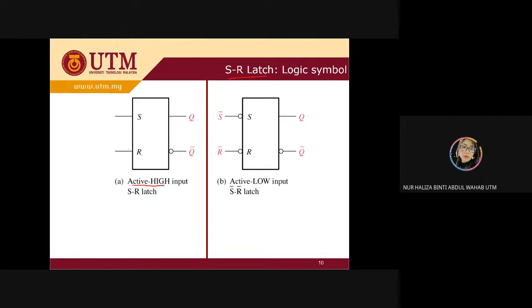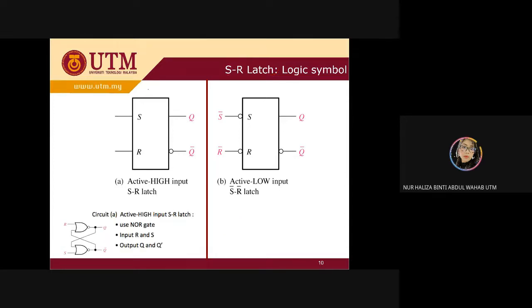While for the active low, you're going to have a bubble to represent S bar and R bar. These are the only two logic symbols for your SR latch that you need to remember. It is not too hard to remember.